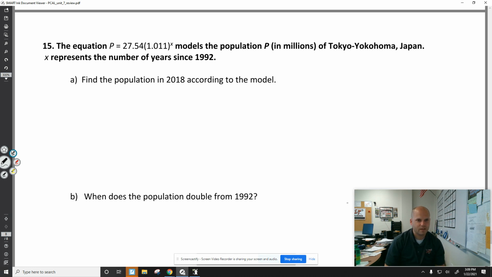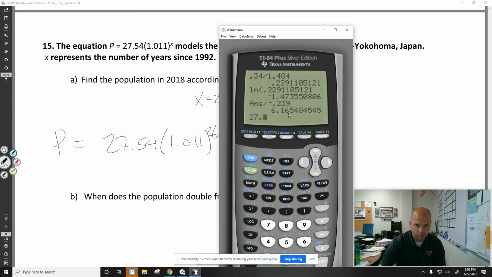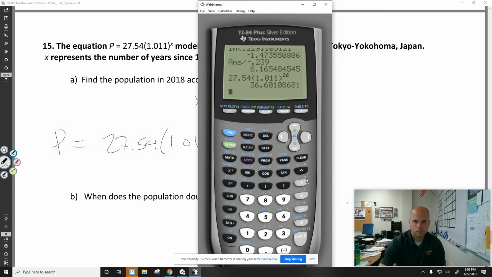Okay. P standing for population, not present value. 36.601 million.